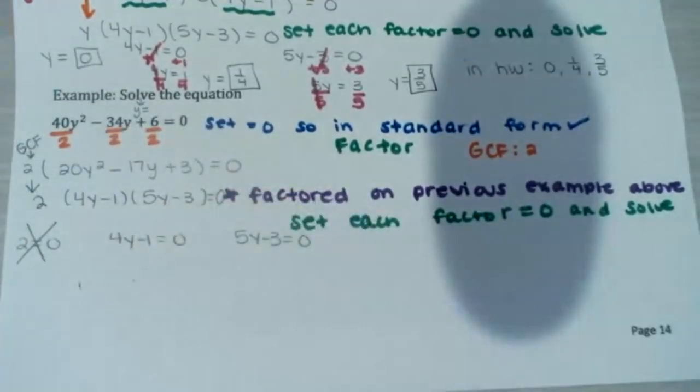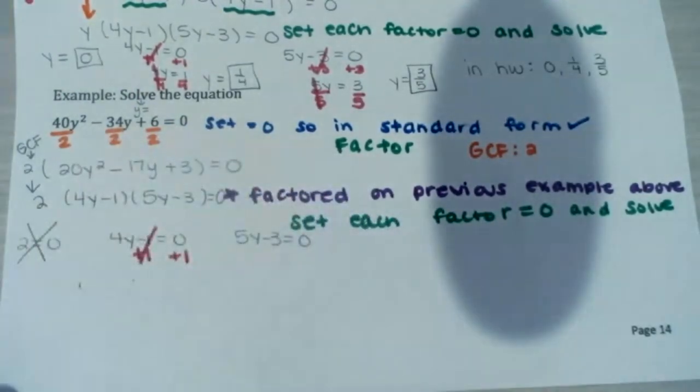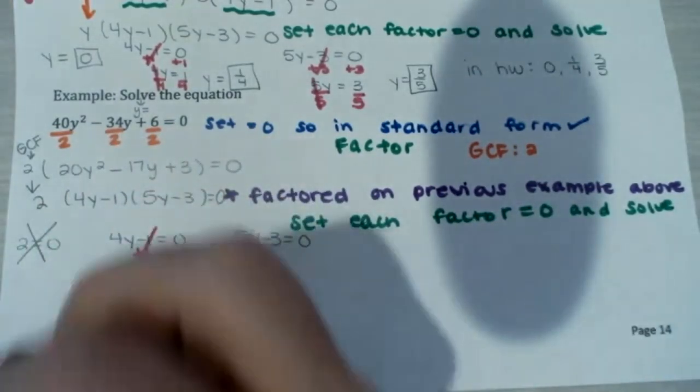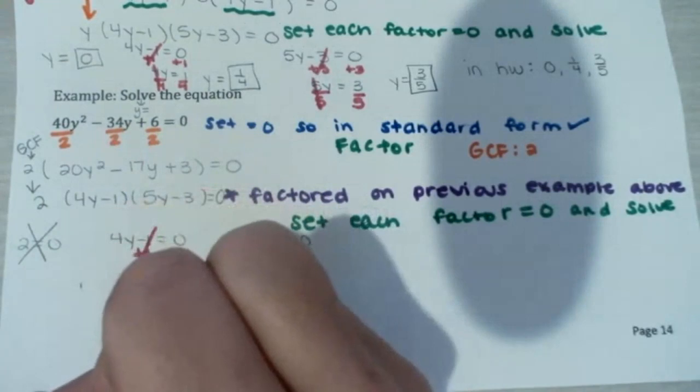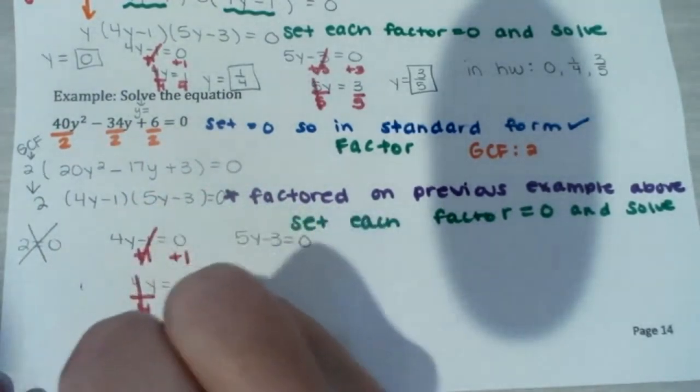So 4y minus 1 equals 0. We can add 1 to both sides, that way those cancel. 4y equals positive 1. Dividing both sides by 4, we're left with y equals 1 over 4.